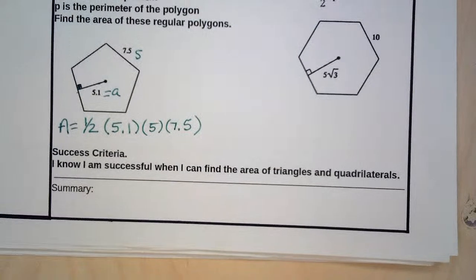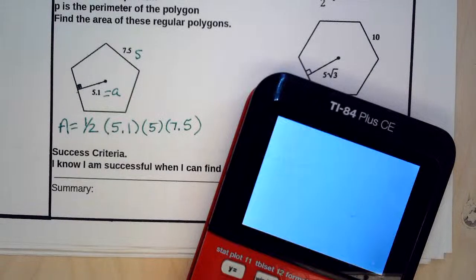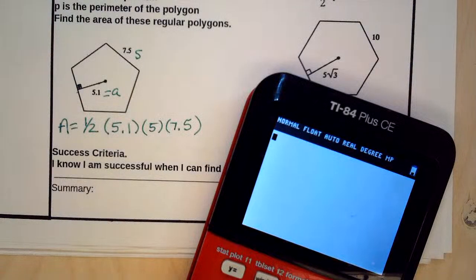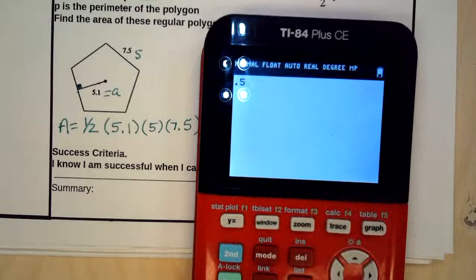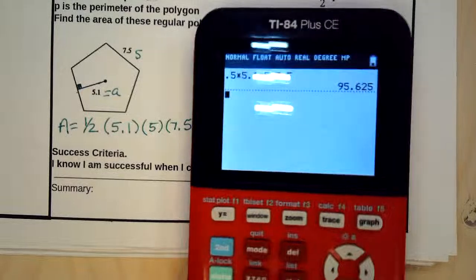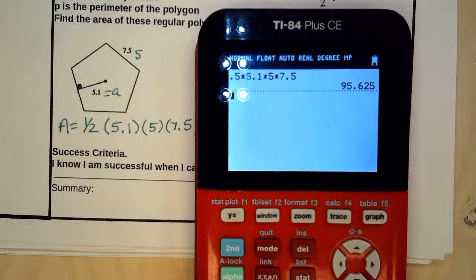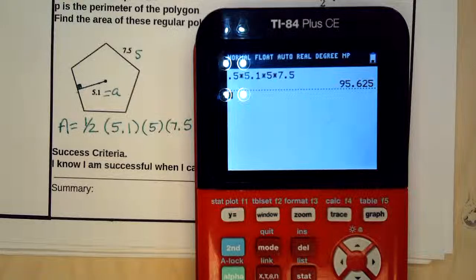So as I put this all in, I'm going to put 0.5, because that's the equivalent decimal to 1/2, times 5.1 times 5 times 7.5, and I get 95 and 625 thousandths.